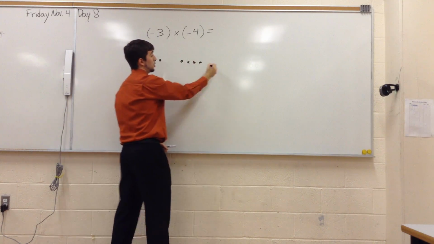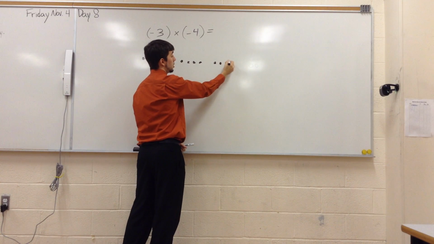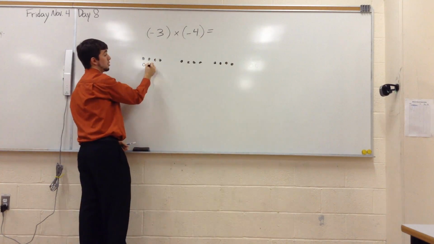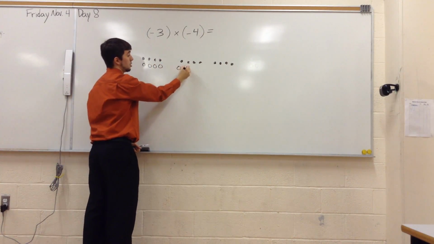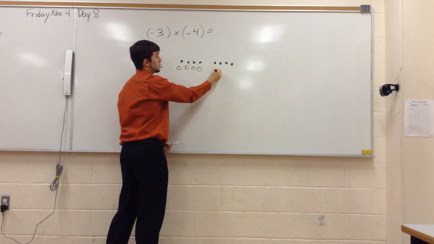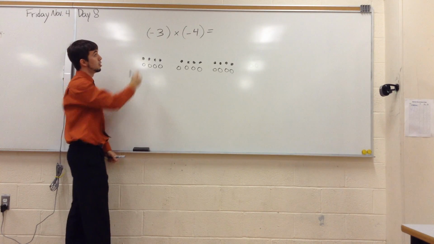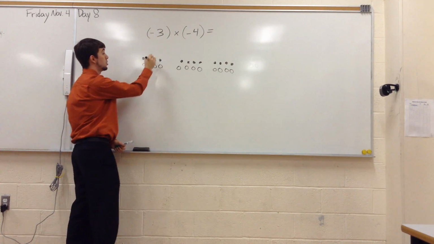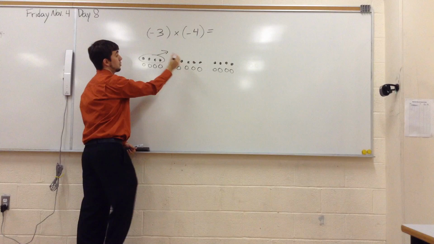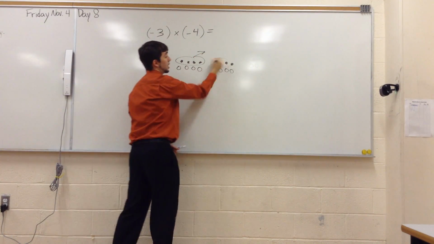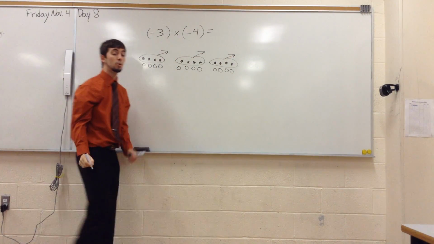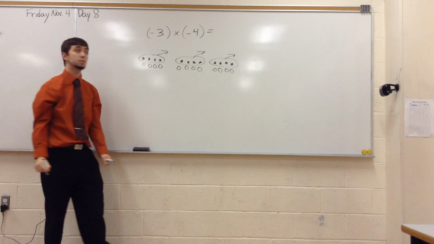But remember, if you're adding in tiles to start out with, you must also add their positive parts. So I'm drawing in the unshaded tiles as well, so that I've still got 0 to start out with. Now I can go ahead and take out the 3 groups of negative 4. I take out the 3 groups of negative 4, what's left is positive 12 tiles.